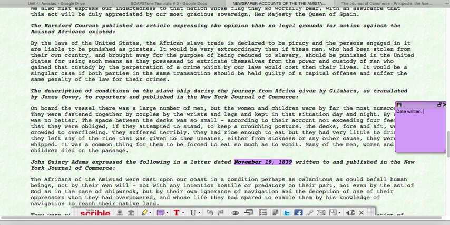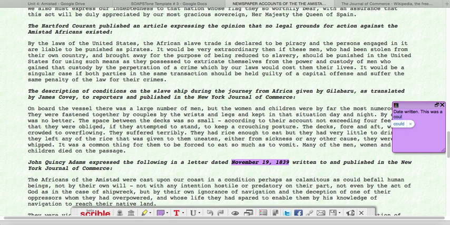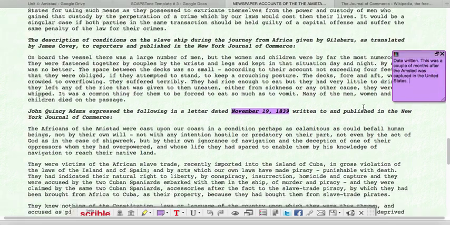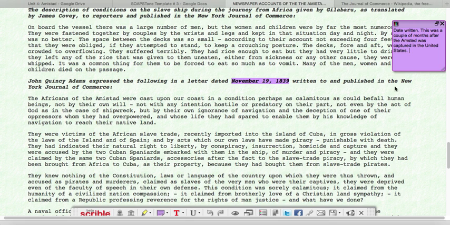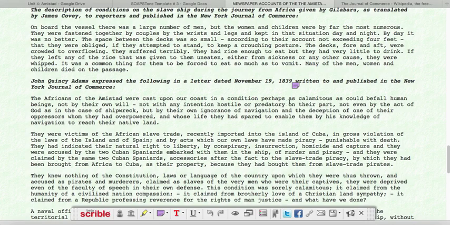And I know this was a couple of months after the Amistad was captured in the United States. All right, so important here for these little notes, you want to hit the boxes to minimize, not the X, because X deletes it. Very confusing. All right, so you see there's my annotation.